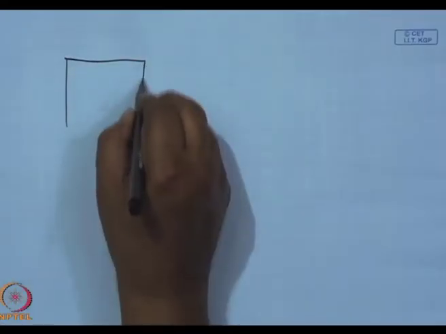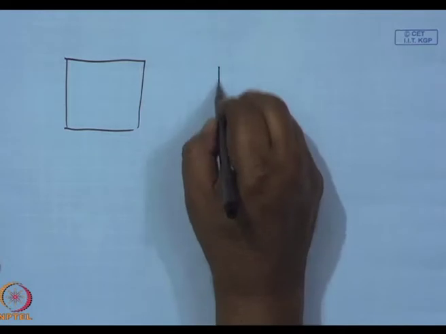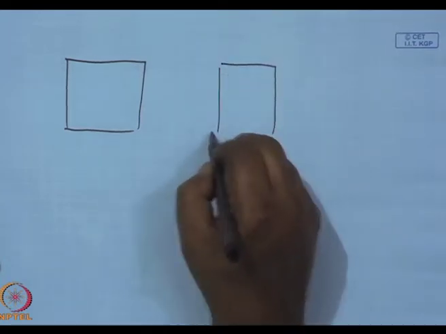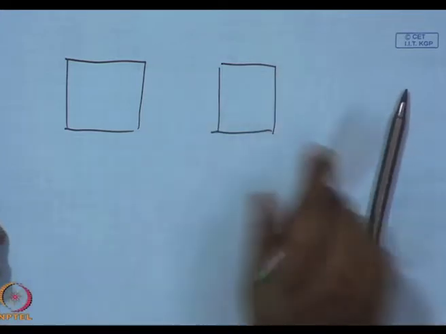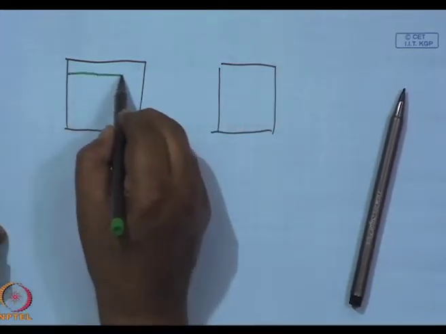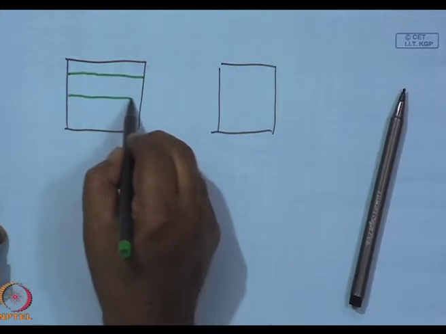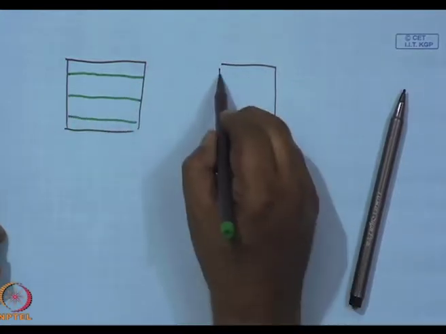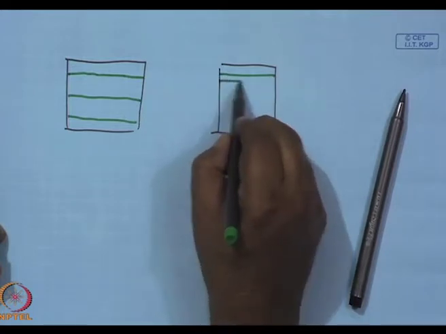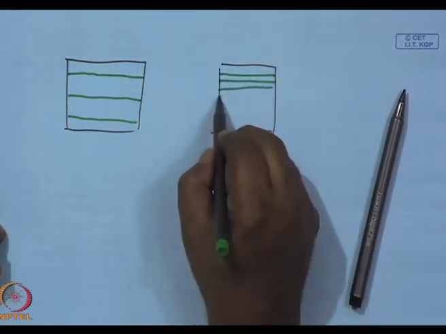What is the effect of volume fraction? What I mean is, if this is a matrix, let me consider two matrices, and let us say that over here the fiber concentration or the volume percentage is lower, whereas here the volume percentage is much higher.